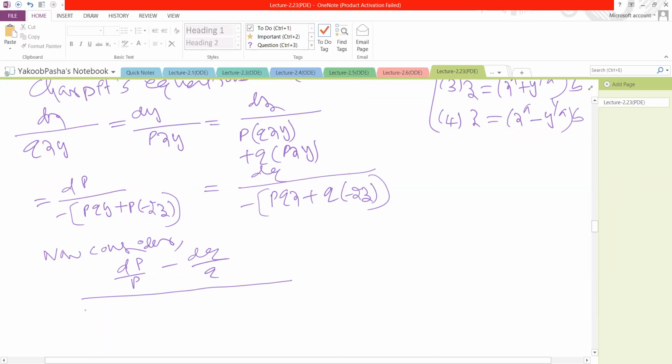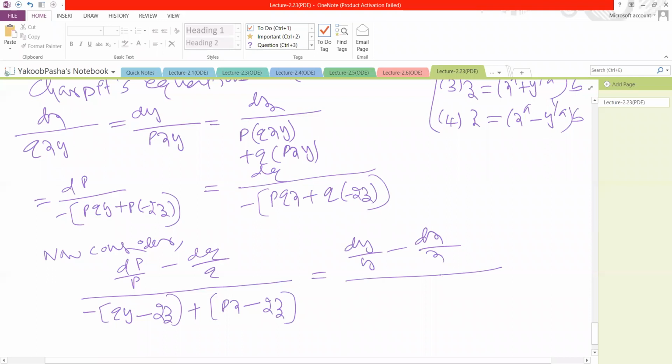So here in this case we have qy minus 2z, first term, dq by q. So minus of minus plus, here px minus 2z is equal to dy by y minus dx by x. You have to remember this, or you can remember the answer for this problem also. Very important.